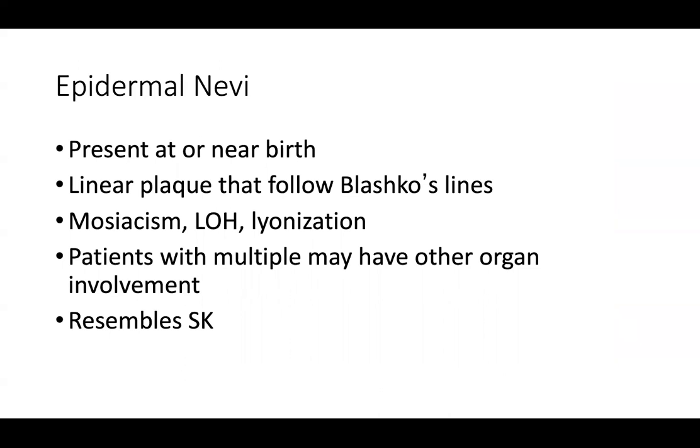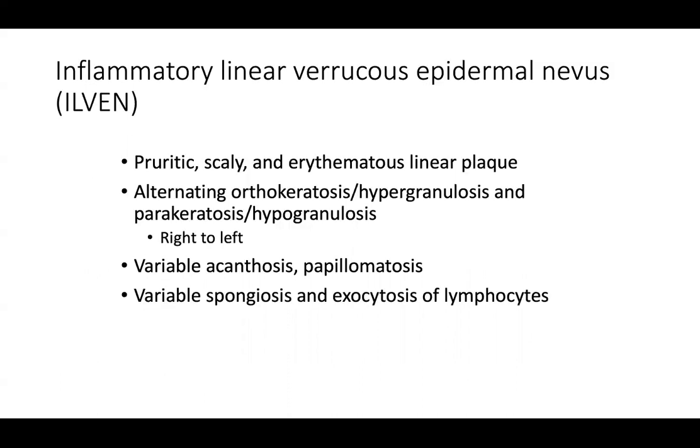It's associated with mosaicism as well as loss of heterozygosity or lyonization. Patients with multiple of these may have other organ involvement, so that's important to recognize clinically if you're looking for some syndrome. Referral to genetics or looking for other presentations of syndromes would be important if you do see a lot of epidermal nevi in a patient. They resemble seborrheic keratoses clinically as well as histologically.